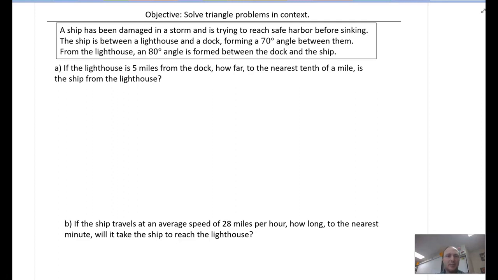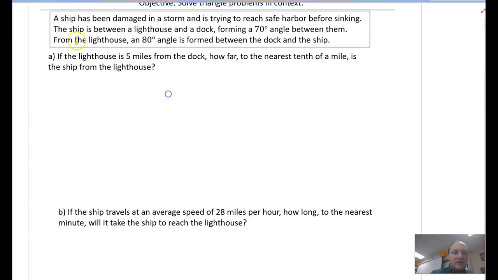A ship has been damaged in a storm and it is trying to reach safe harbor before sinking. The ship is between a lighthouse and a dock, forming a 70 degree angle between them.